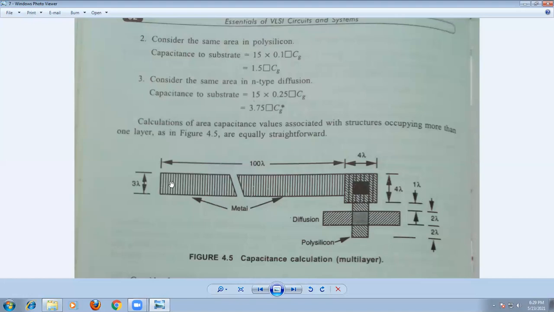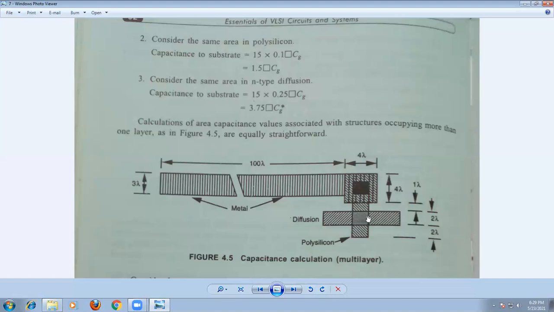But here it is a metal, and the polysilicon is from here to here. Therefore, we can calculate the polysilicon from this point to here, and metal is from this point to this level only, and the gate capacitance. So totally this structure consists of 3 capacitances: metal capacitance CM, poly capacitance CP, and gate capacitance, right?